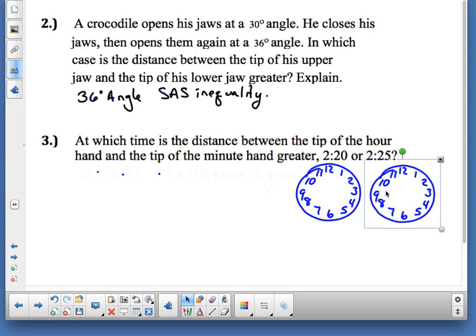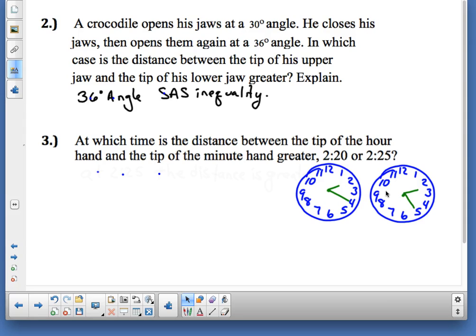Okay, so we got it cloned. I have one time at 2:20. I have another time at 2:25. Okay, just to give you a visual of what we're asking to do. At which time is the distance between the tip of the hour hand and the tip of the minute hand greater? 2:20 or 2:25?